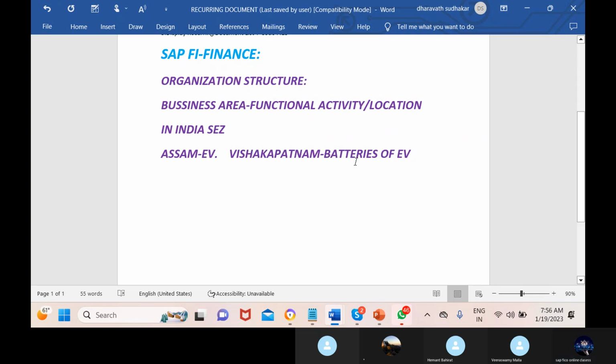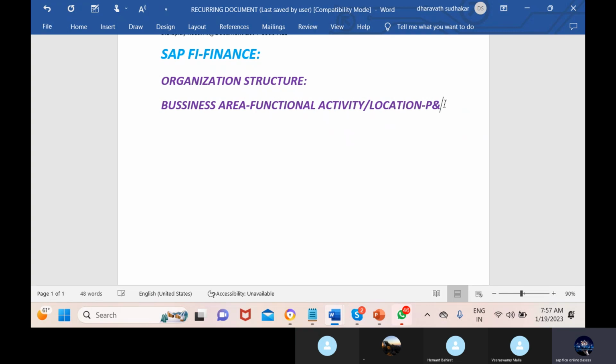In the business area, we have to prepare a P&L account and balance sheet to know how much we are earning from this particular business area, and this report is used for internal purposes.